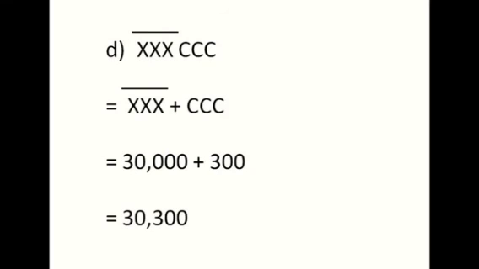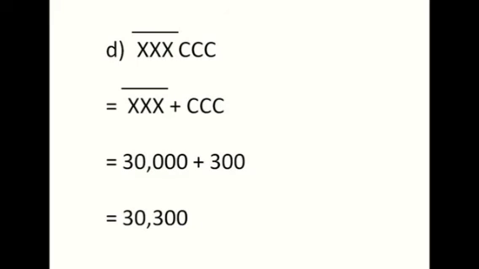So it is 30,300. The only thing you have to take care of is, first check the sum and then split it. Here I have split the 1000 part and the 100 part. Then I placed their Hindu-Arabic value and then I added it up. That's all. Nothing difficult here.